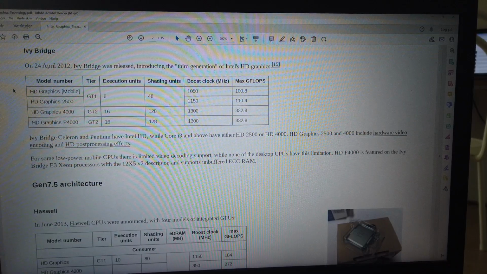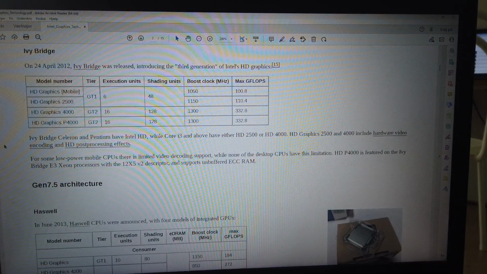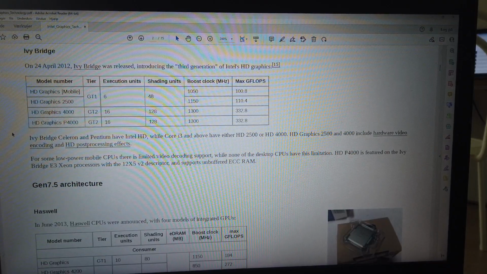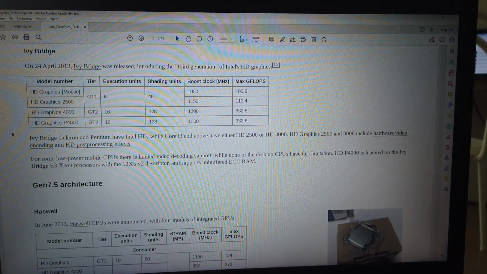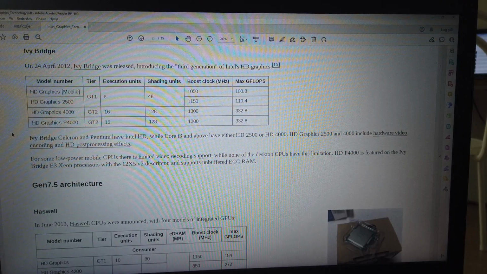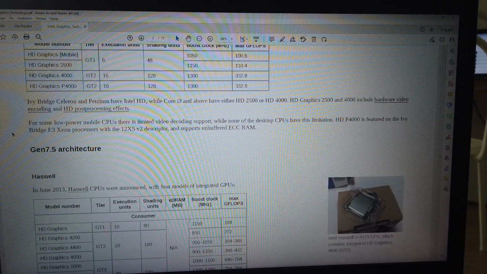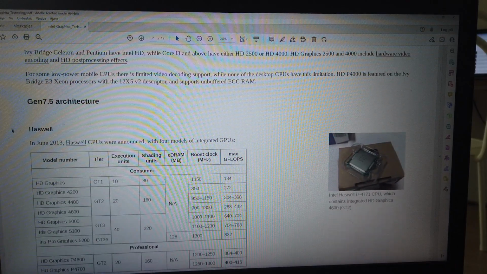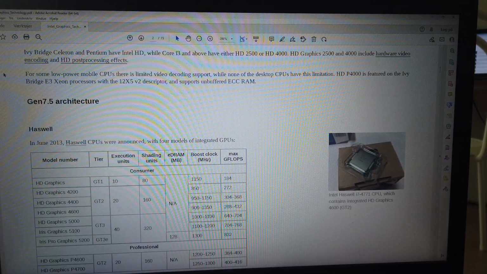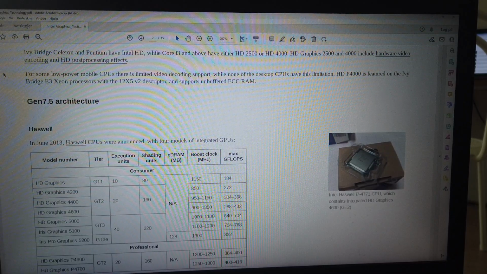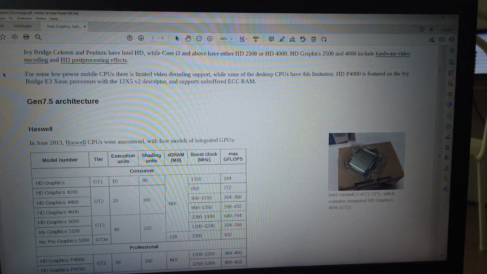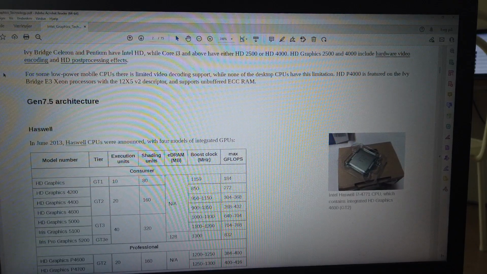HD Graphics 4000, GT2, 16 EUs, 128 shading units, 1300 MHz, 332.8. HD Graphics P4000, GT2, same specifications. Ivy Bridge Celeron and Pentium have Intel HD, while Core i3 and above have either HD 2500 or HD 4000. HD Graphics 2500 and 4000 include hardware video encoding and HD post-processing effects.